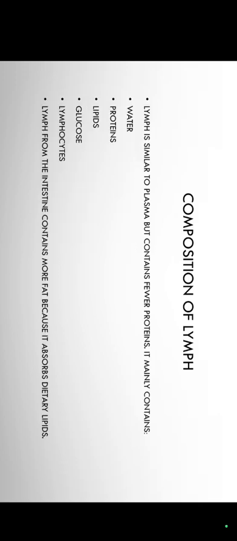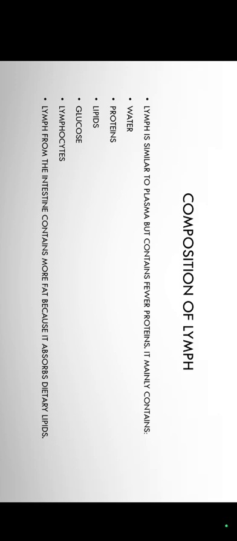Next one, composition of lymph. Lymph is similar to plasma but contains fewer proteins. It mainly contains water and solids. Water is 96% and solids are 4%. In the solids, it contains cellular components like lymphocytes and organic compounds like glucose, lipids, carbohydrates, proteins, and amino acids.